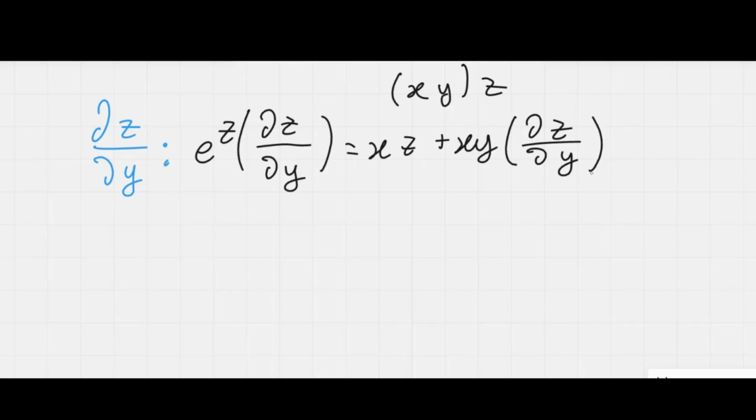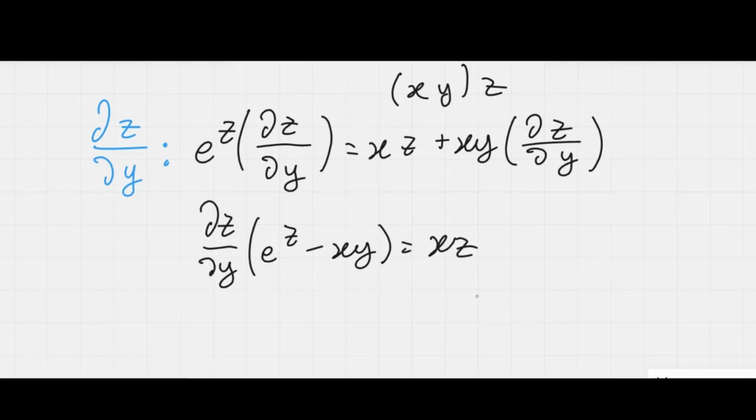All right, again, just like previously, we're solving for del z over del y. I'm going to fast forward a bit over here, but using the same principle as last time, we can just rewrite this equation as del z over del y multiplied by e to the z minus xy being equal to xz.